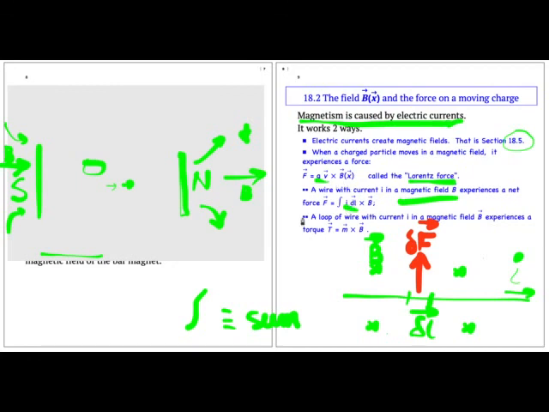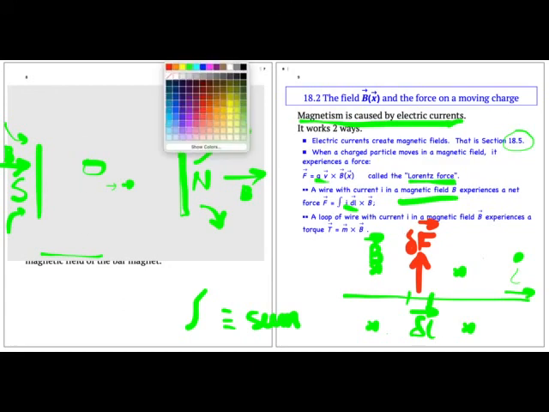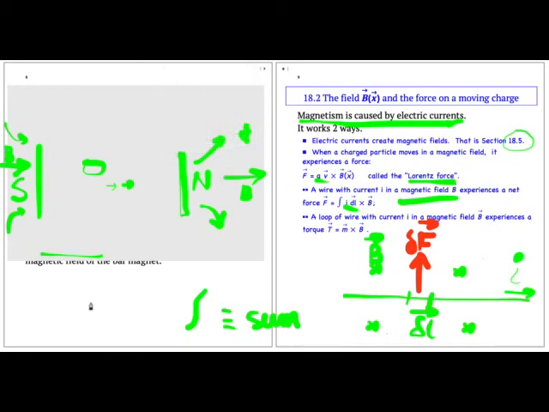All right, so that's the force on a wire. Now suppose instead of a long straight wire, you had a loop of wire with a current I. Let's go back to green. Try to visualize this in 3 dimensions. Suppose we had a loop of wire and there was a current in this direction.